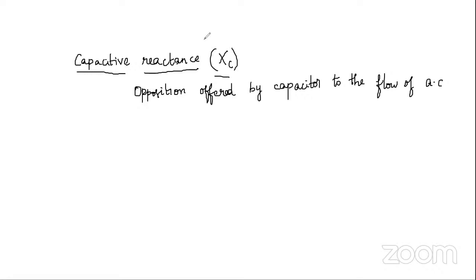So X suffix C is equal to 1 by omega C. This is the equation. Here also the SI unit for capacitive reactance is ohm, and omega is equal to 2 pi f.